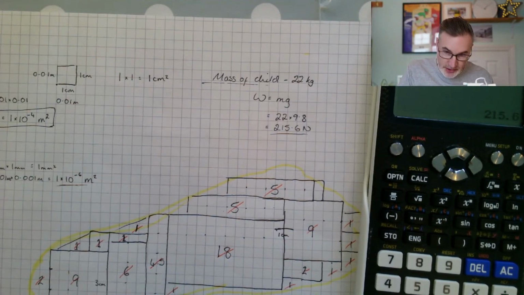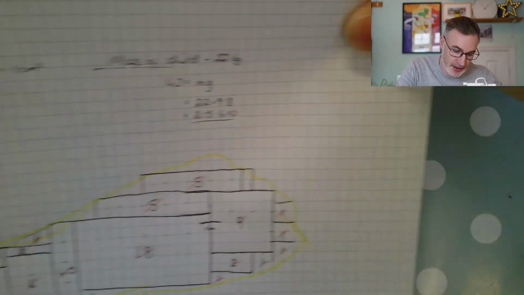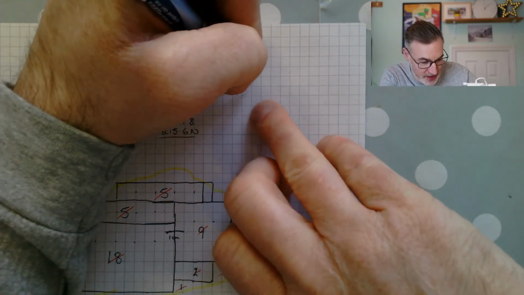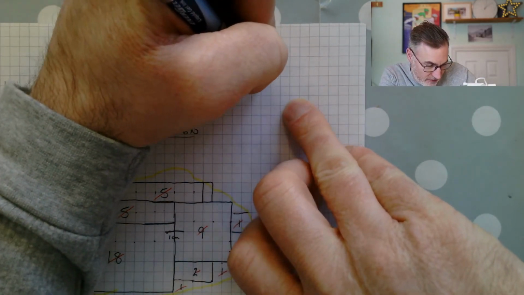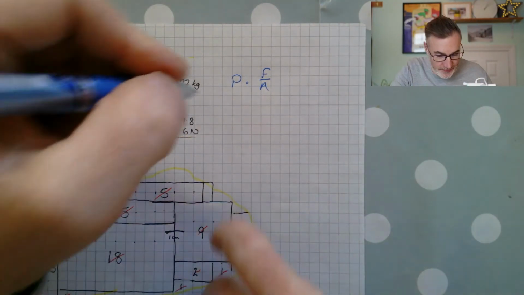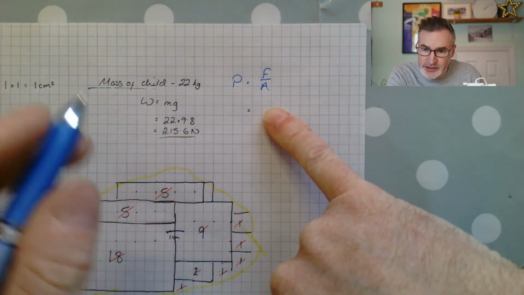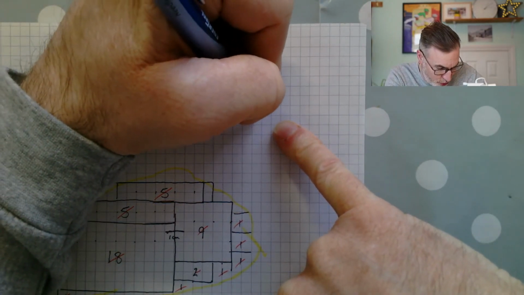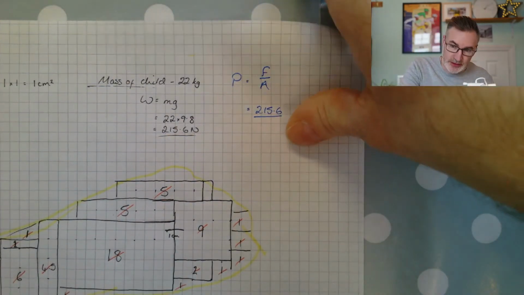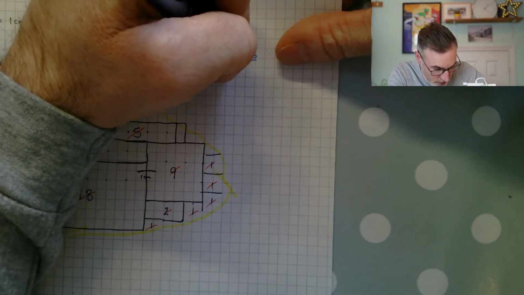And so we now have an area, we have a force, and we have pressure. So finally, pressure, P, big P, is equal to F over A. Force over area. The force, 215.6. Area, if we remember, was 143 times 10 to the minus 4.